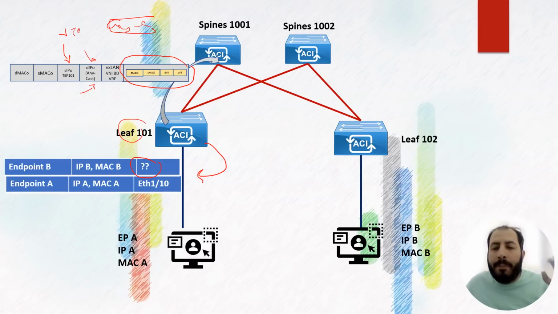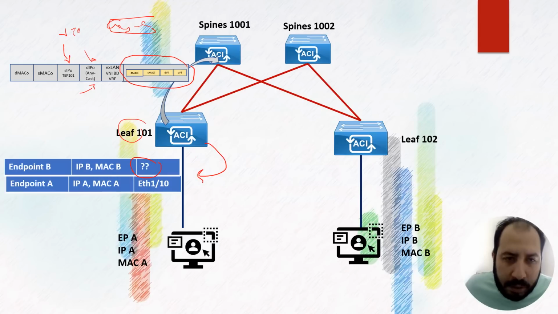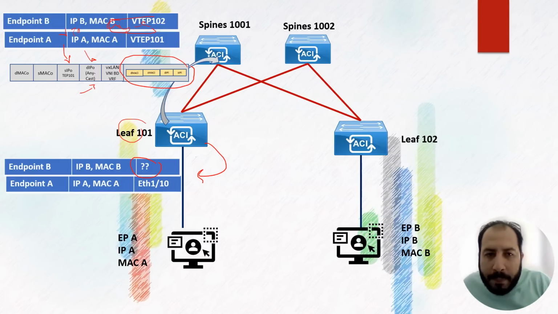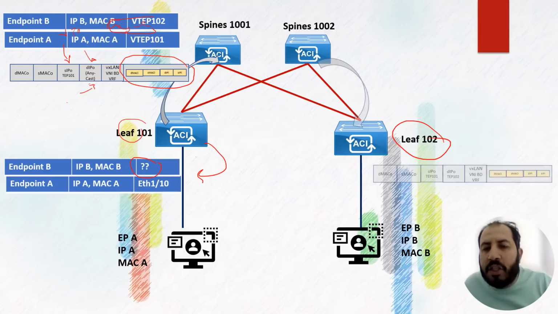So I'm sending anycast. It's kind of like an SOS or a help request, saying that I need information. The traffic will go to the spine, which checks its information regarding the endpoint. Once it discovers that there is a connected endpoint, it will change the destination VTEP information, instead of using the anycast, to the destination leaf.